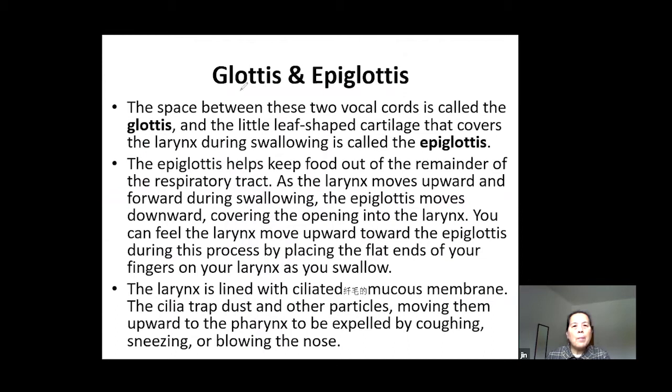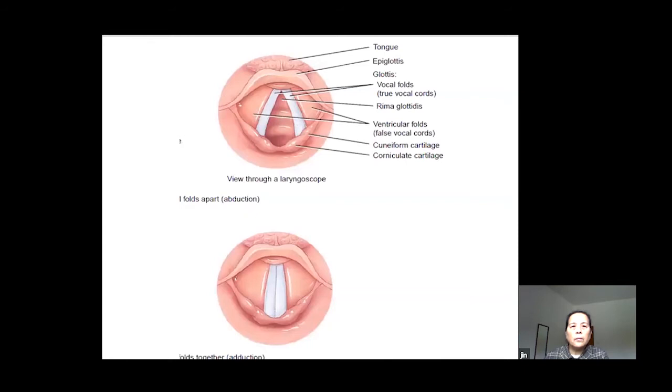Then we're talking about the glottis and epiglottis. The space between the vocal cords we call the glottis. So we can see the pictures. That's the vocal fold here, or vocal cord, the same meaning.